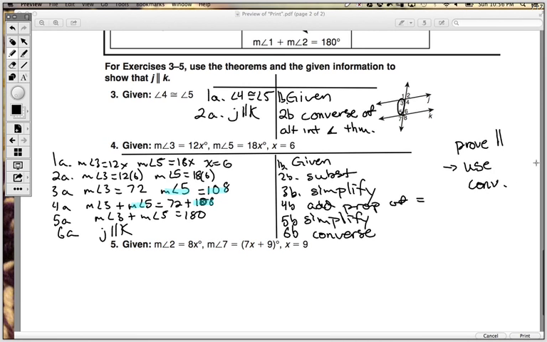That's like the theme of the day. So we're doing the converse of something. But what are we doing? And it's all dependent on that relationship of those angles. 3 and 5 happen to be same side interior angles. There you go. 3 and 5, same side interior.